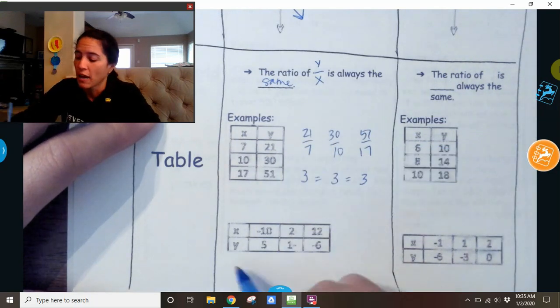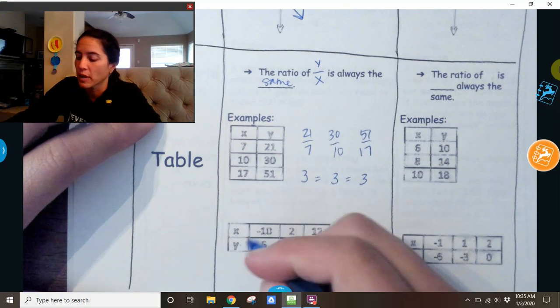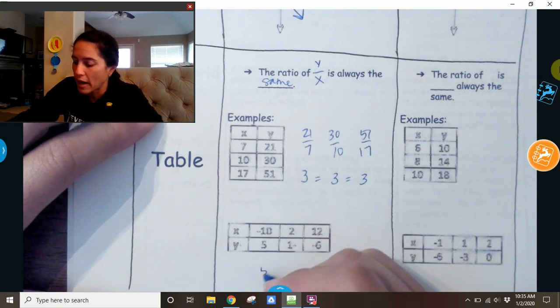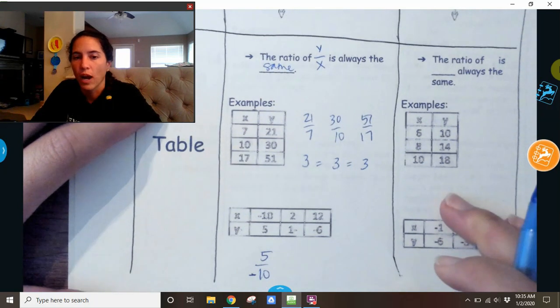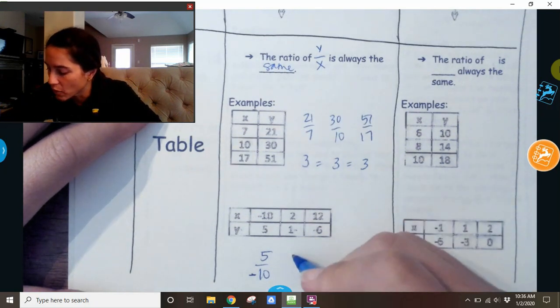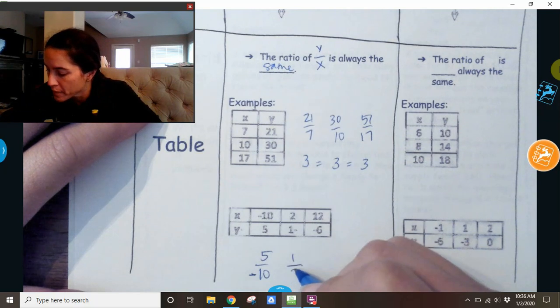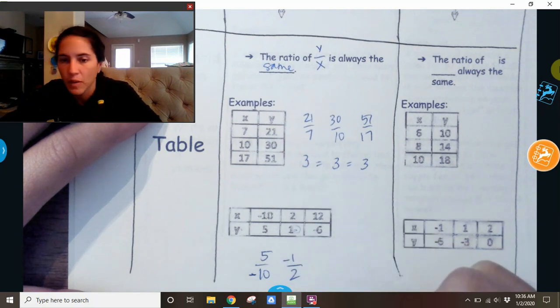Down here, my table still has an x and a y. It's written horizontally, but I'm still going to compare my y over x's. Is that a 1? I think that's supposed to be a negative. I'm not sure.